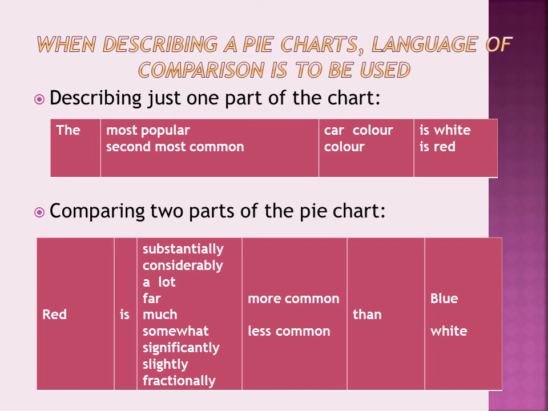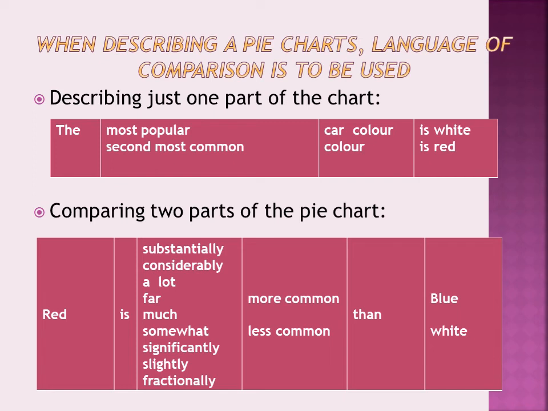When describing a pie chart, language of comparison is to be used. Describing just one part of the chart, we can use such a table. The most popular car color is, you're right, white, not red. The second most common color is red. When we have to compare two parts of the pie chart, we can seek help from such a table.